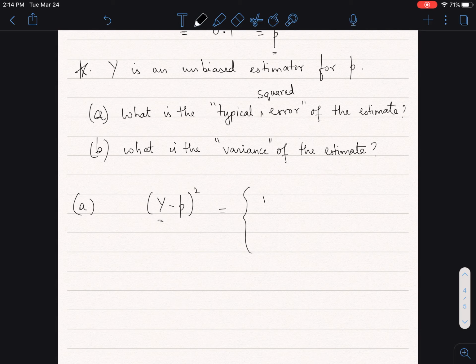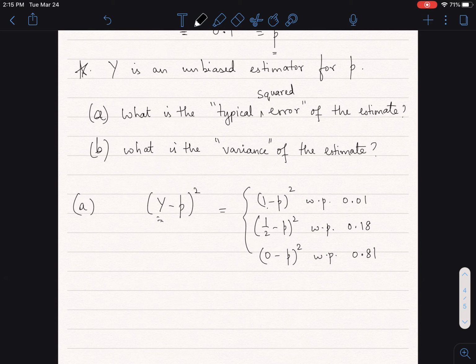equals (1 minus p) whole squared with probability 0.01. This is equal to (half minus p) whole squared with probability 0.18. It's equal to (0 minus p) whole squared with probability 0.81. And why is this? Because Y takes value 1 with probability 0.01, half with probability 0.18, and so on.